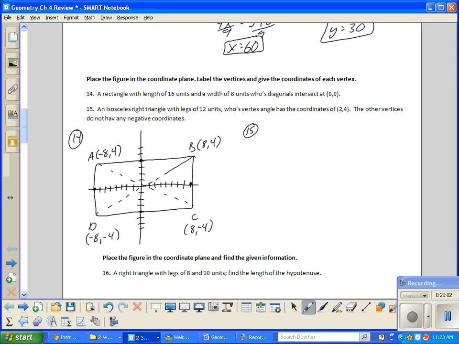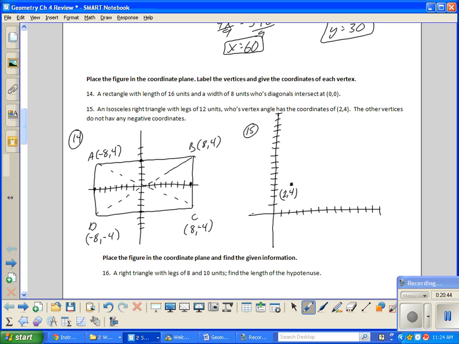15 wants an isosceles right triangle with legs of 12 units, whose vertex angle has the coordinates of 2, 4. The other vertices do not have any negative coordinates. So if the vertex angle is at 2, 4, 1, 2, up 4, that's there.